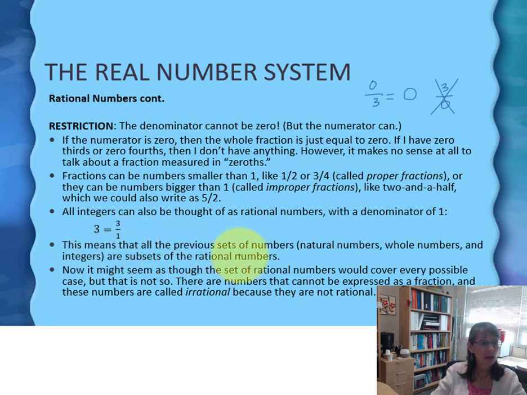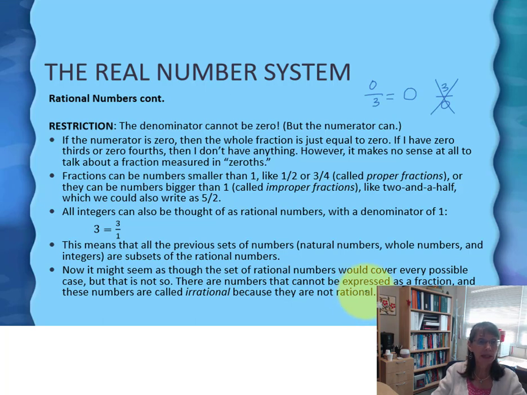This means that all the previous sets of numbers, the natural numbers, remember our counting numbers, our whole numbers, which now include 0, and integers, which include the negative numbers, all of those are subsets of the rational numbers. Now, it might seem as though the set of rational numbers would cover every possible case, but that isn't so.